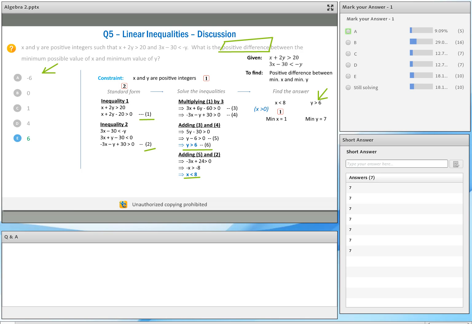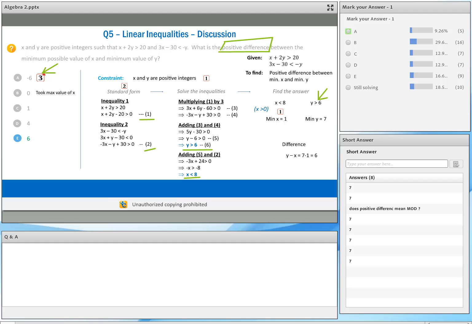That's the mistake that you made. And if you selected choice B, which was the more popular choice selected, then you took the max value of x. Maximum value of x is 7 here. So you simply took 7 minus 7.